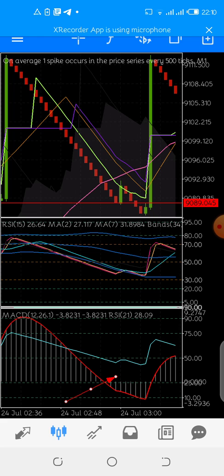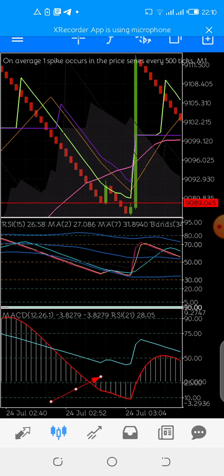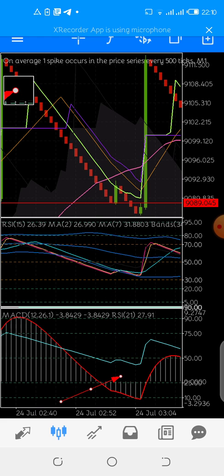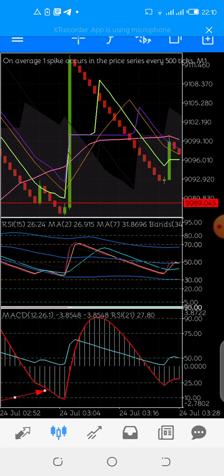Okay, so if that does not convince you, let's continue and find another setup. So rule number 1, you have to see that the RSI 21, which is this, must not have reached the overbought levels when the MACD is touching level 10. Okay, so let's continue.